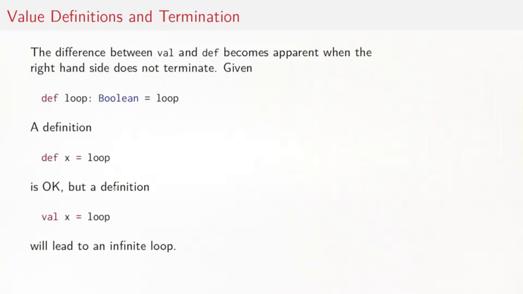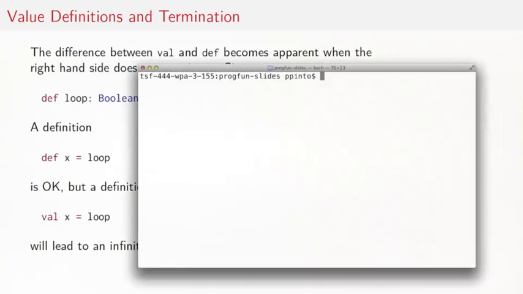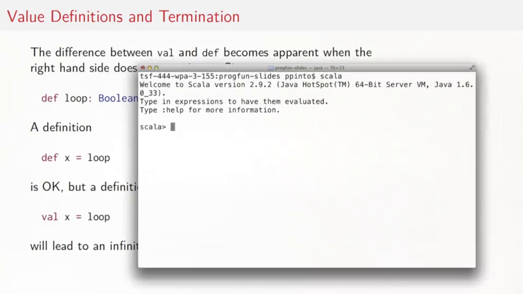So to do that, I can take the REPL. Let's generate another looping expression again. There we go. And now if we say def x equals loop, then nothing happens. We just defined another name for loop.